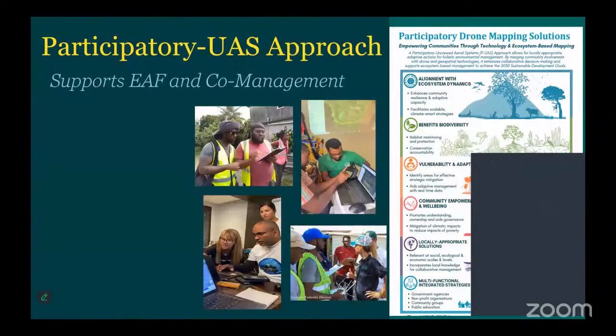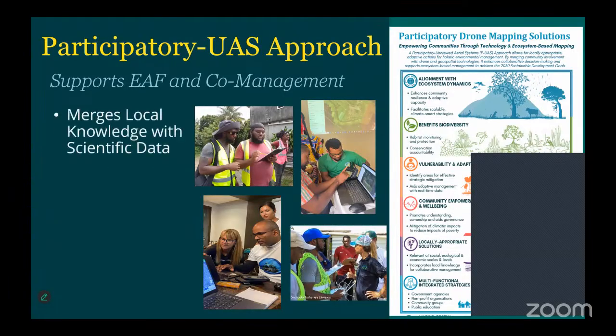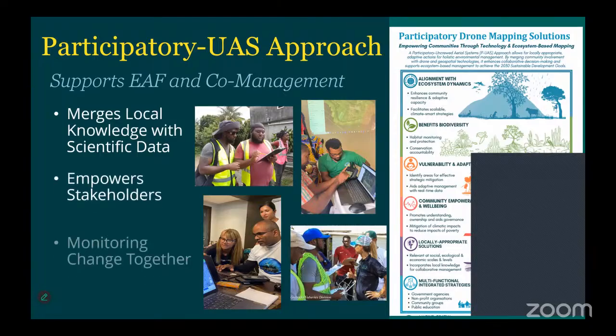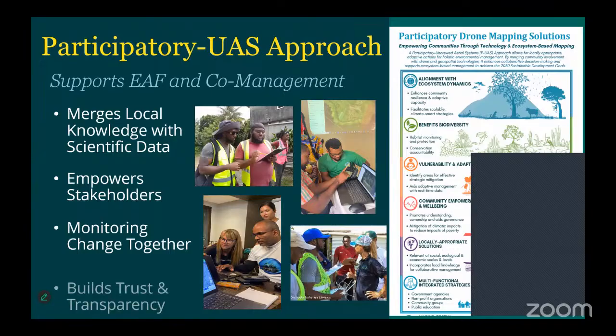To me, this is the most exciting aspect of drone technology. I refer to it as my participatory UAS approach, which supports both ecosystem approach to fisheries and co-management by merging local knowledge with scientific data. That empowers stakeholders to monitor their environment and changes together and ultimately builds trust and transparency in data collection as well as decision making.